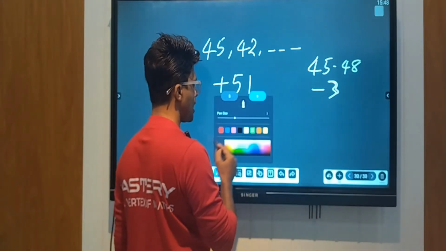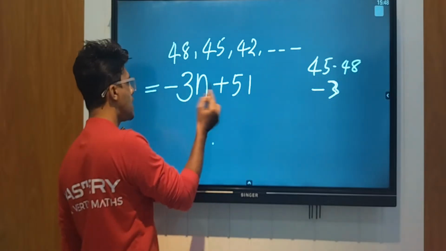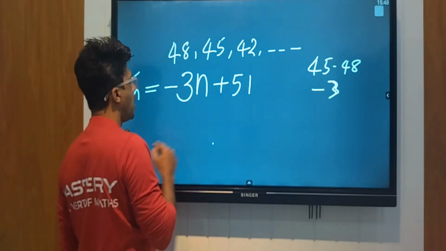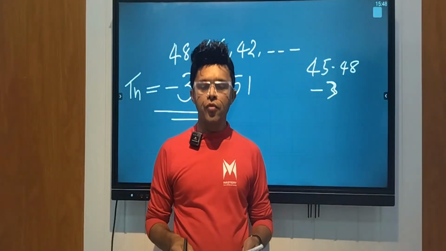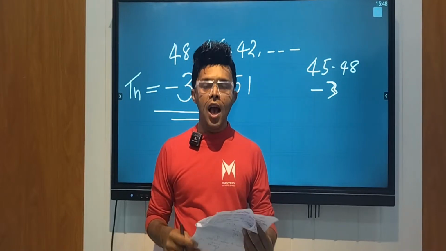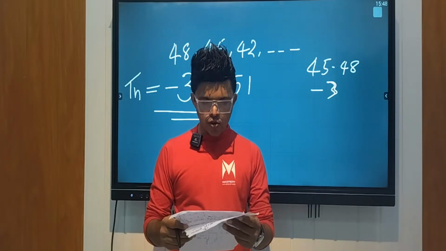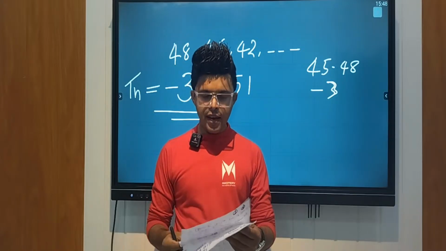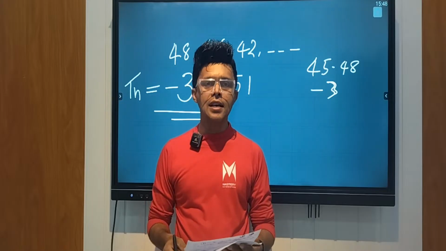But this is not the answer. Here you need to write minus 3n. So the answer is minus 3n plus 51. In your textbook, this way of getting the general term is not mentioned, but this method is okay, right? The textbook states a different way, in a grid.